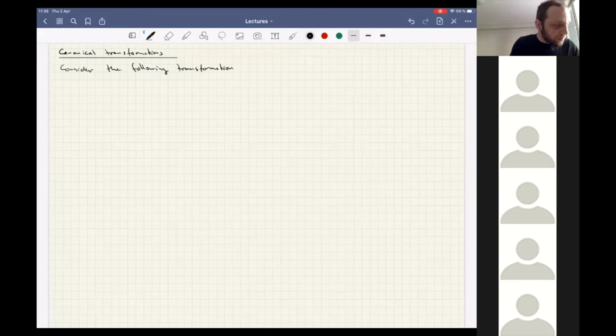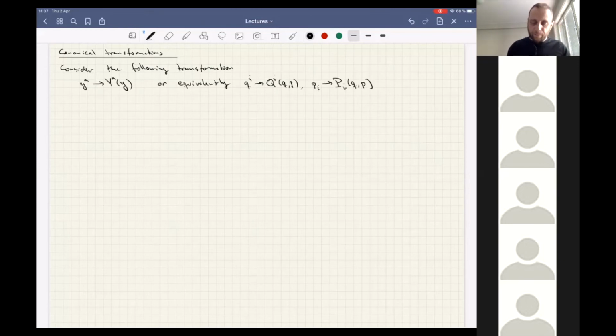So we're going to take YA and we're going to map it to some new functions, capital Y, which depend on the Y's, or equivalently, we're going to let QI go to some capital QI that depends both on Q and P, at the same time as PI goes to some capital PI, which also depends on Q and P in general.